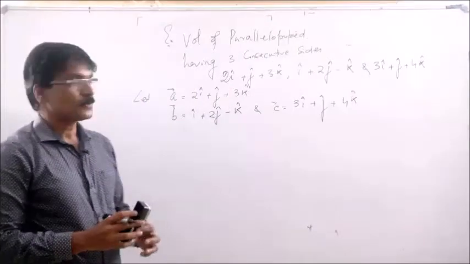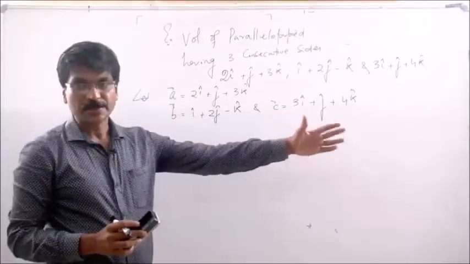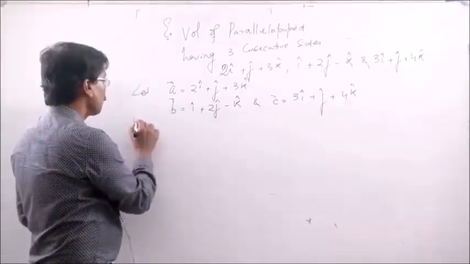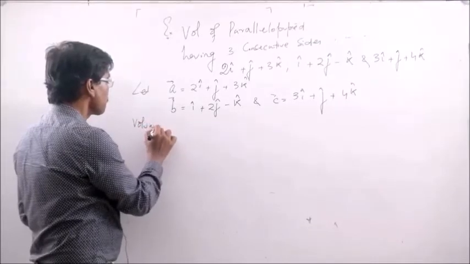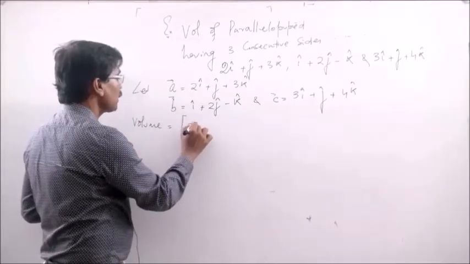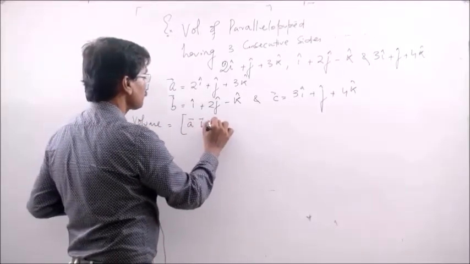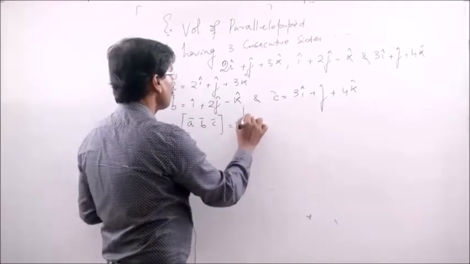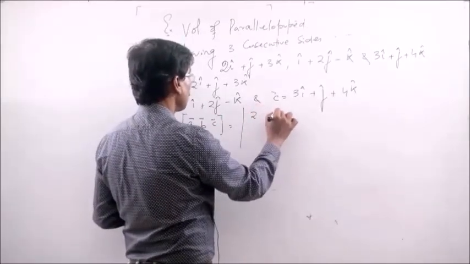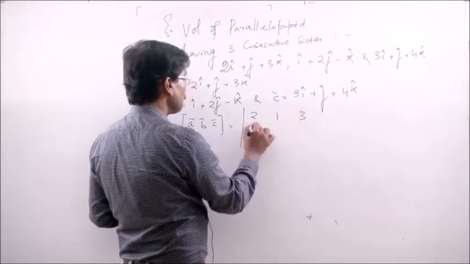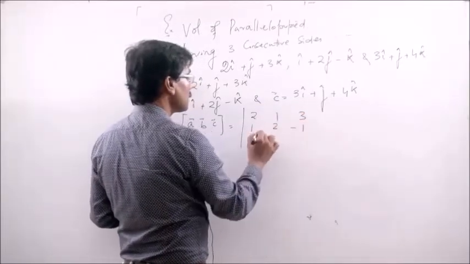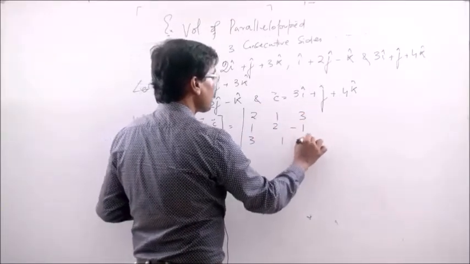So, suppose its 3 sides are a vector, b vector and c vector. Then volume is equal to scalar triple product of a, b, c, which is equal to determinant, coefficient of a is 2, 1, 3, b is 1, 2, minus 1, and c is 3, 1, 4.